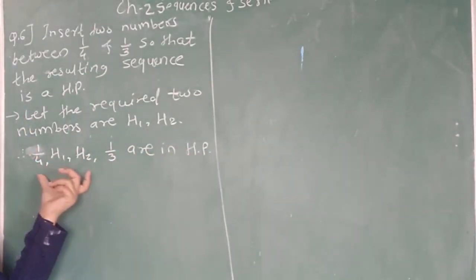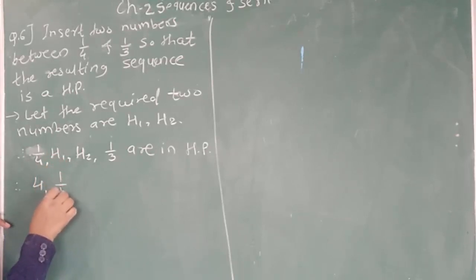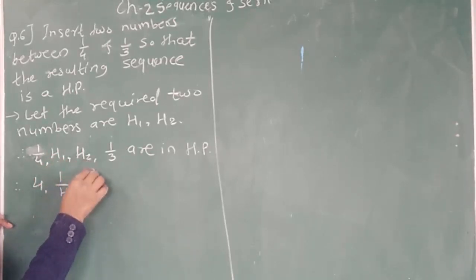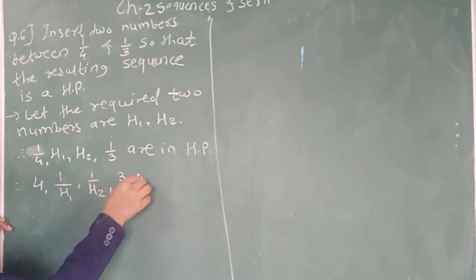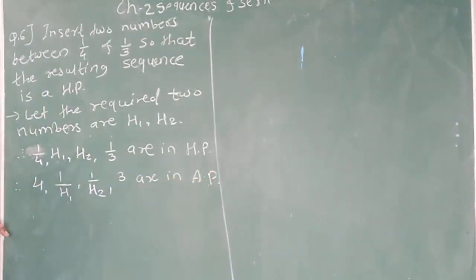So the reciprocal of this sequence is in AP. The reciprocal of 1/4 is 4, the reciprocal of H1 is 1 upon H1, the reciprocal of H2 is 1 upon H2, and the reciprocal of 1/3 is 3. These are in arithmetic progression.